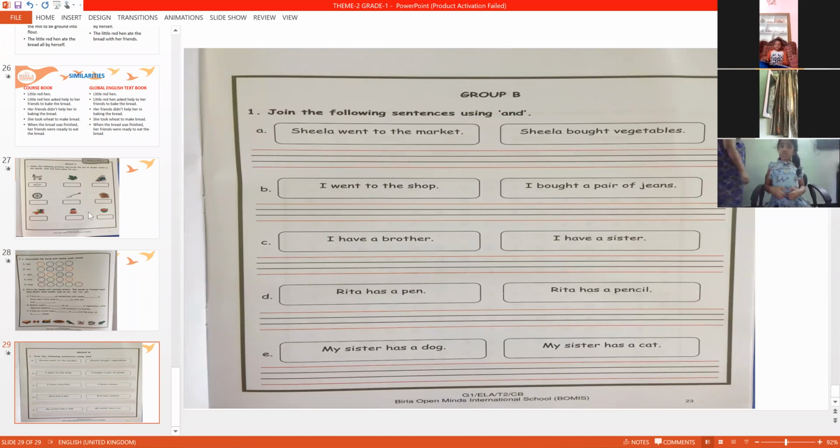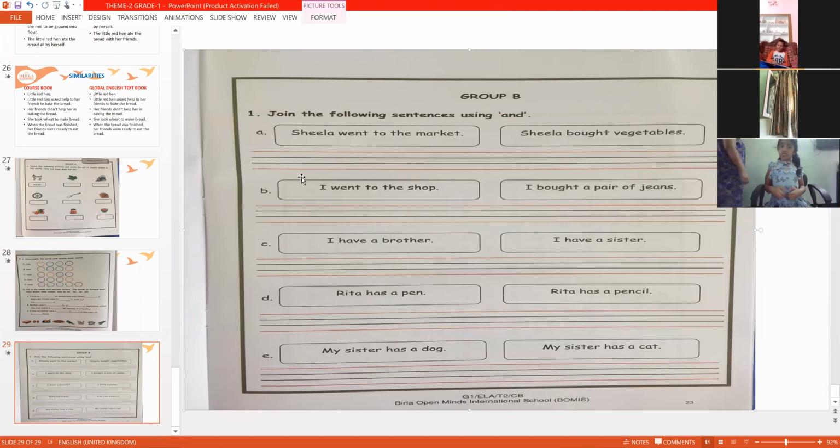Join the following sentences using and. Now, when we are using and to join these sentences, we have to remember one thing, that repeated words or repeated nouns should not be repeated.